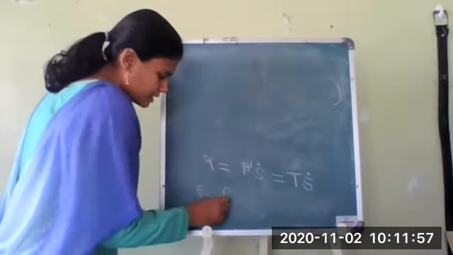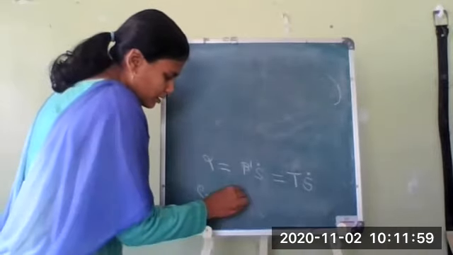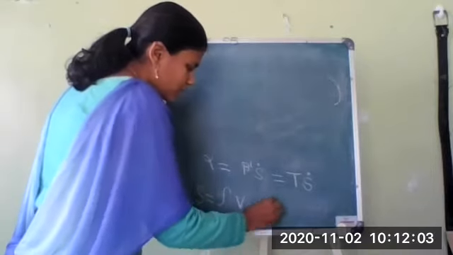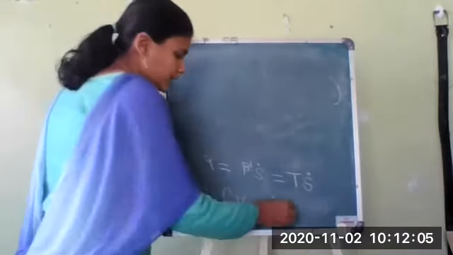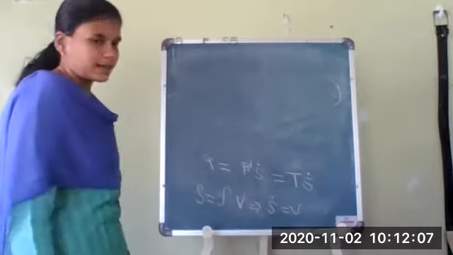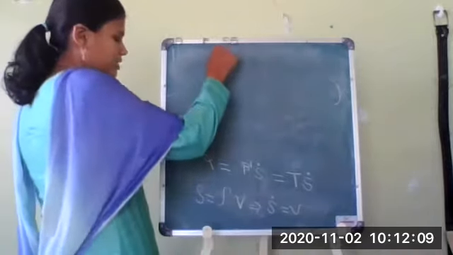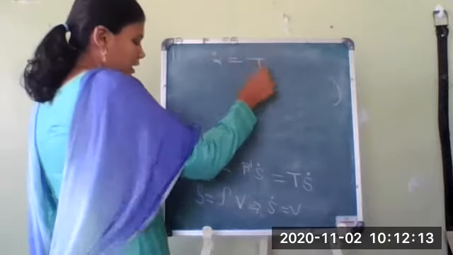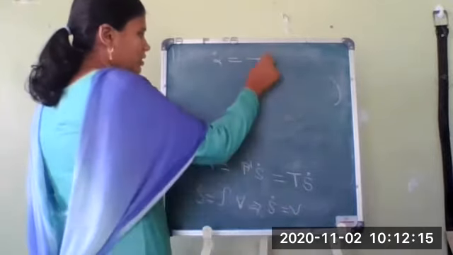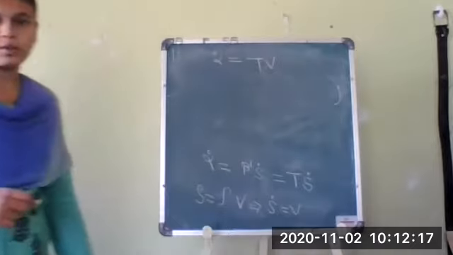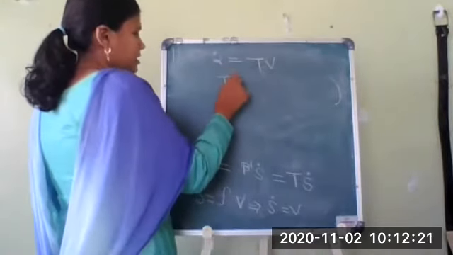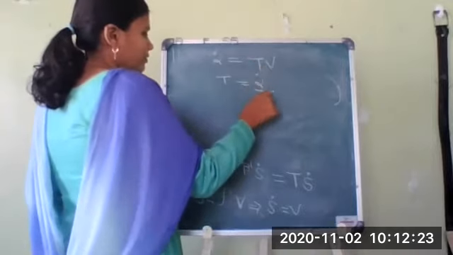We found s is nothing but the integration of the velocity. So what will be the value of s dot? s dot will be simply v, as integration and derivative get cancelled. So I can write alpha dot as T into s dot, which is the velocity. So T is equal to alpha dot upon v.